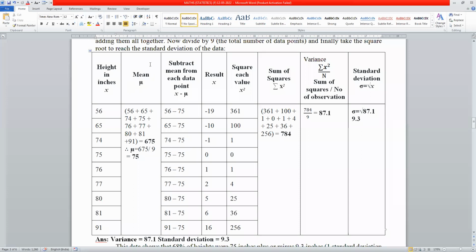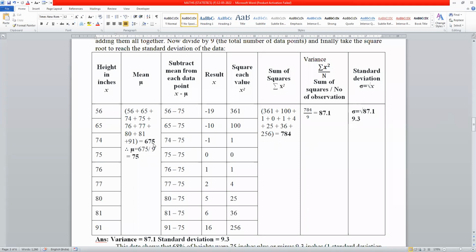Second step is you calculate the mean. Mean means average. Try to remember what I say here. Mean is the average of all these numbers. So you have to add 56 plus 65 plus 74 plus 75 plus 76 plus 77 plus 80 plus 81 plus 91. That goes to 675.